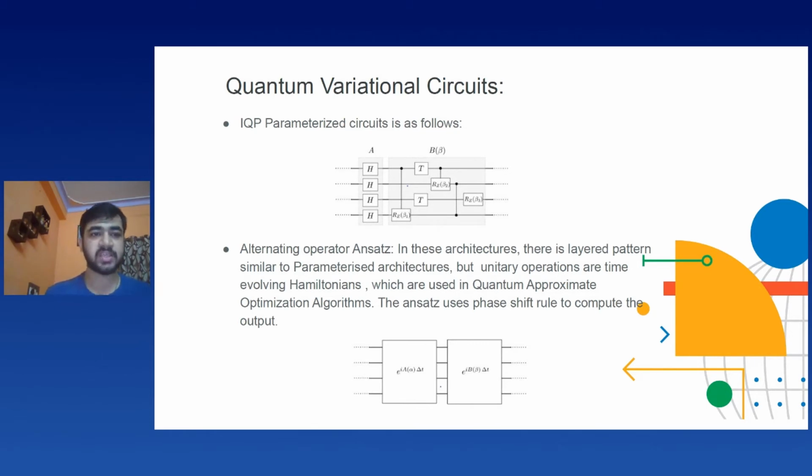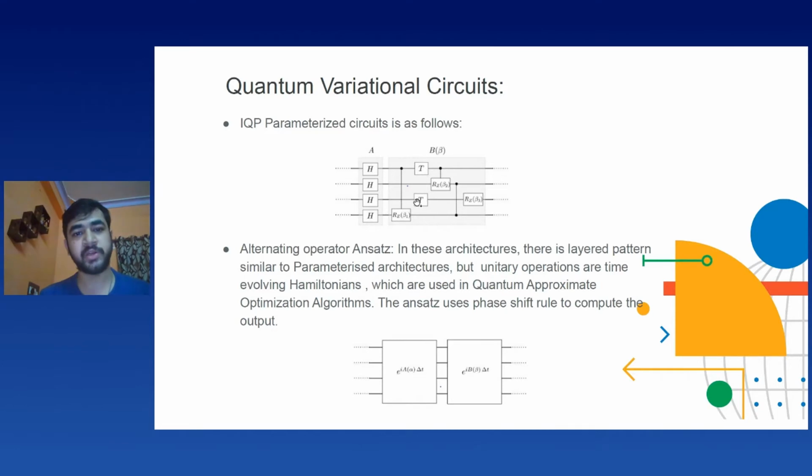So in this case, there are again different other variations of these kinds of circuits. Some circuits are known as IQP parameterized circuits, where you have these Hadamard gates on 4 qubits, Q0, Q1, Q2, and Q3. You have this RZ rotation on the 4th gate, right? And that is the output of that particular 4th qubit.